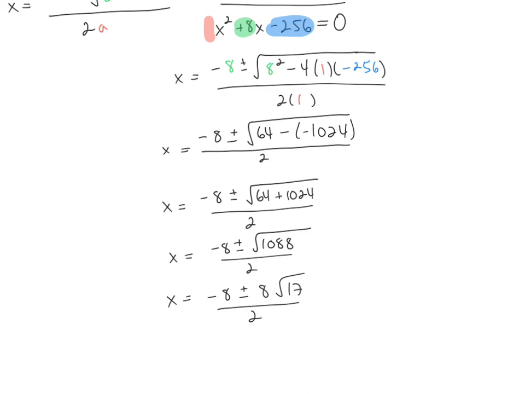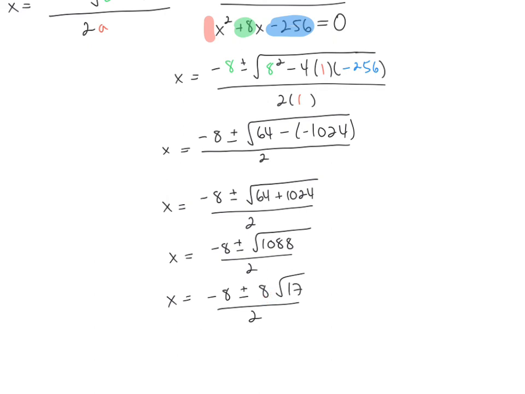All right, the last thing that we need to do here is double check to see if our denominator can simplify both of the terms in the numerator. In other words, can 2 divide negative 8? Yes, it can. Can 2 divide this 8 here outside of the square root? And yes, it can as well.